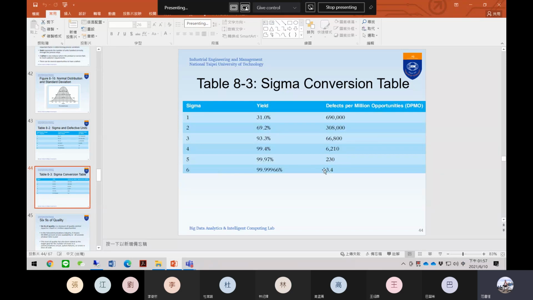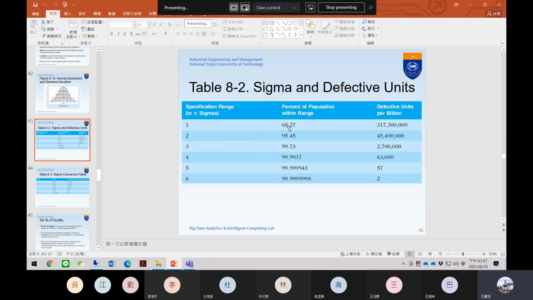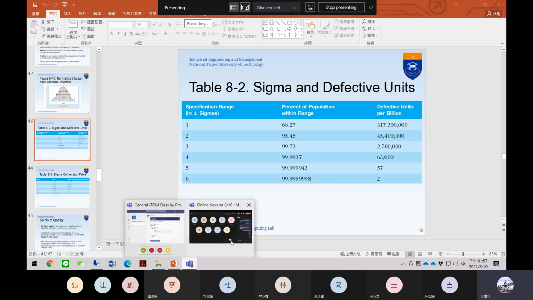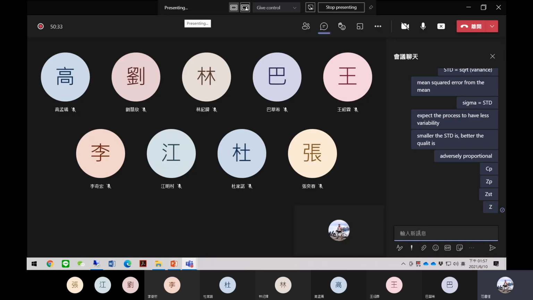For 6 sigma the DPMO is only 3.4. This table is different from the previous one, Table 8.2, where no shift is allowed.